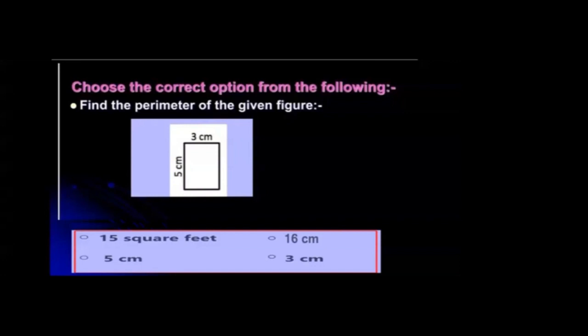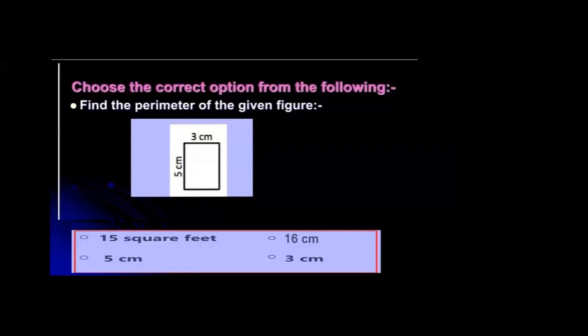Who can give the answer? 16 cm. Anyone, please calculate the answer and tell me. 16 centimeter. Yes, 16 centimeter. Can you tell how you got the answer?